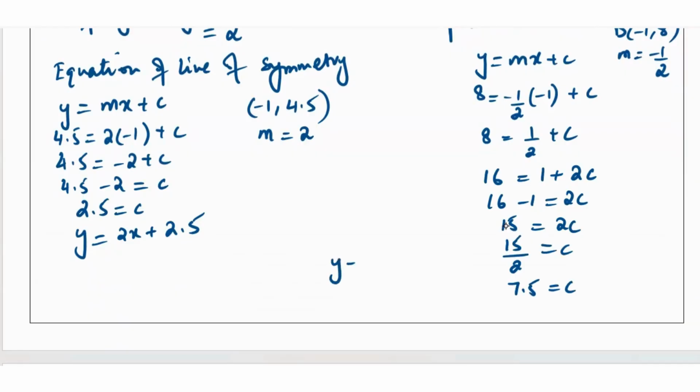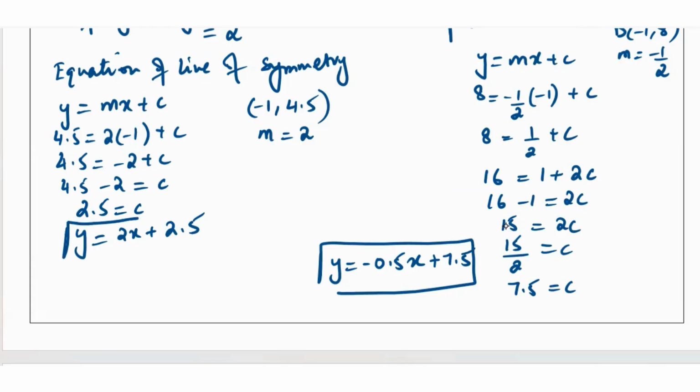So y equals -0.5x plus 7.5. This is your line CD. This is your line of symmetry. So now we solve these two simultaneously to figure out what the coordinates of E are.